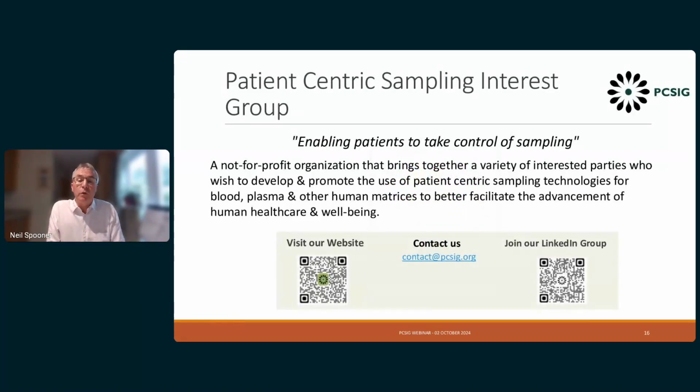So for those of you that don't know about the Patient-Centric Sampling Interest Group, we're a not-for-profit bringing together a lot of interested parties who wish to develop and promote the use of patient-centric sampling technologies for blood, plasma and other human matrices to better facilitate the advancement of human healthcare and well-being.